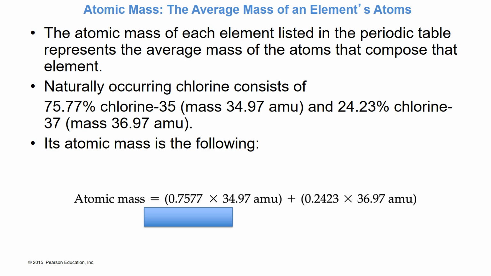And then we have chlorine 37 with an actual mass of 36.97 AMU with a percent abundance of 24.23. So what I'd like for you to do is go ahead, I've already done the math for you. I need you to see if your answer matches what I have and see if we get there.